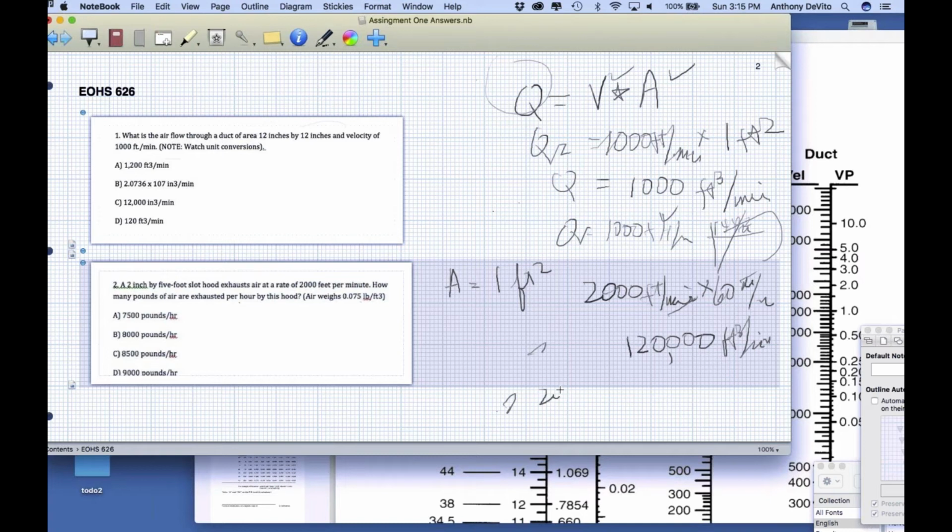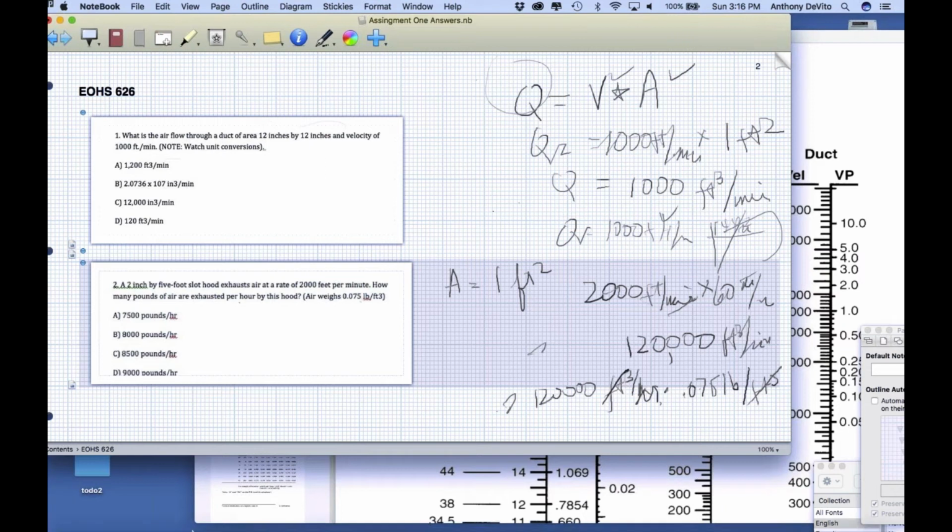So let's multiply our 120,000 cubic feet per hour, right, times 0.075 pounds per cubic foot. So cubic feet is going to cancel out, and we're going to be left with pounds per hour.